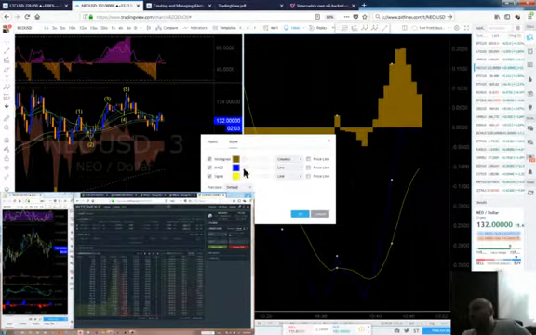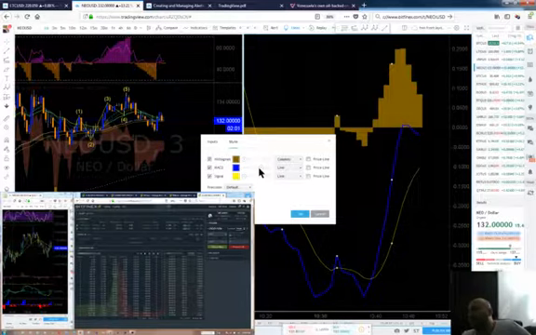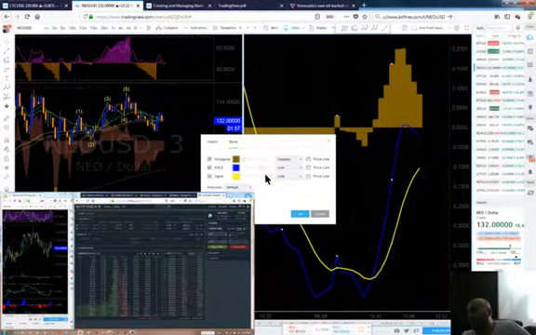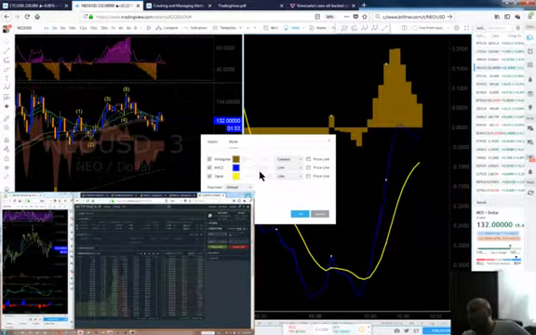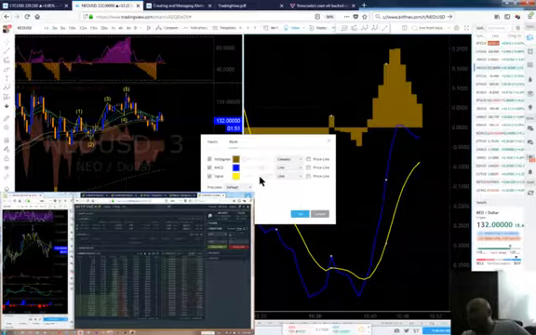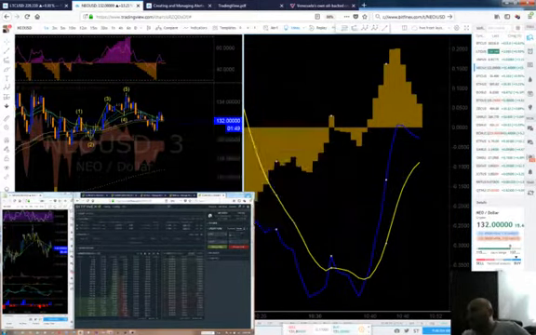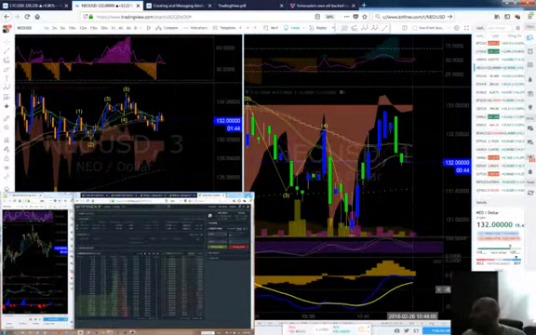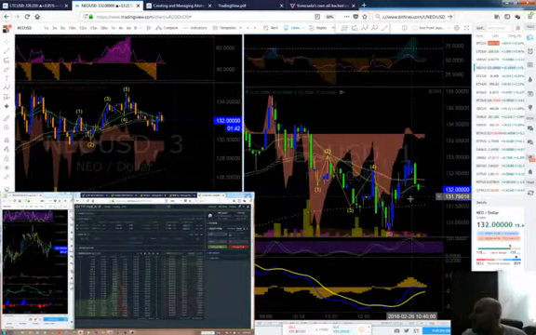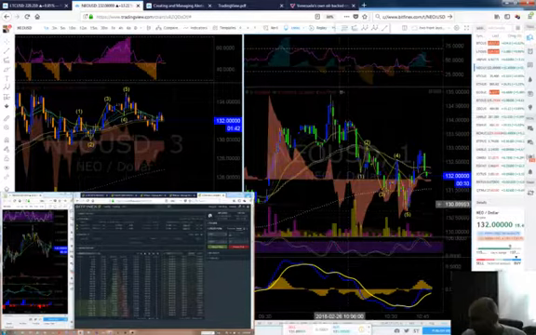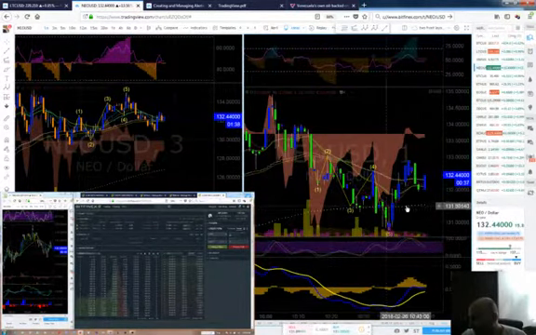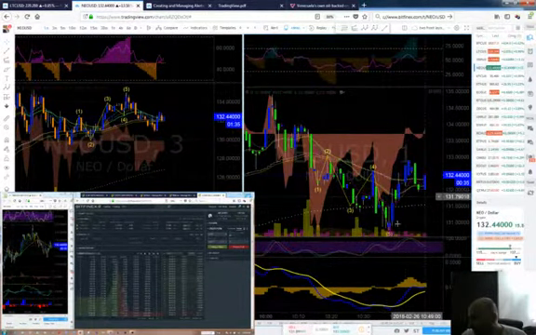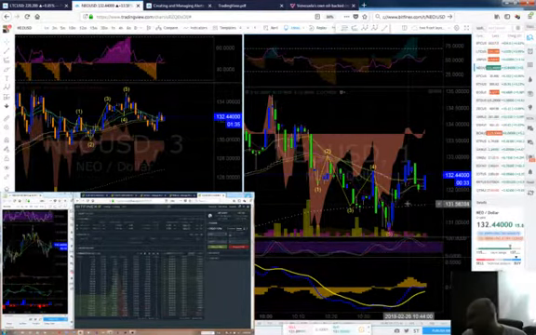This thing is saying that it will go down. And I obviously don't like that. I want it to go up. Up, up. Unless it's short and then you want it to go down. Oh, okay, perfect.